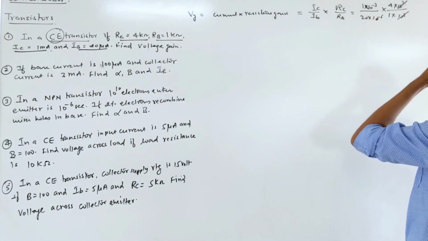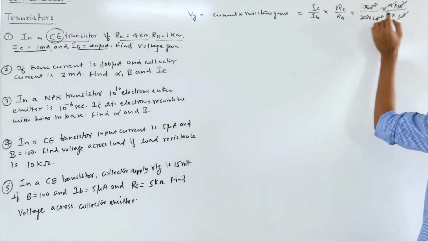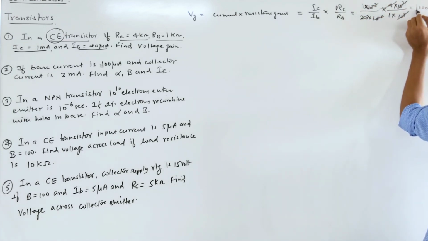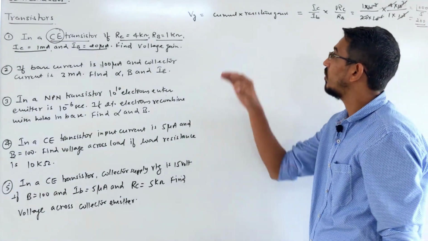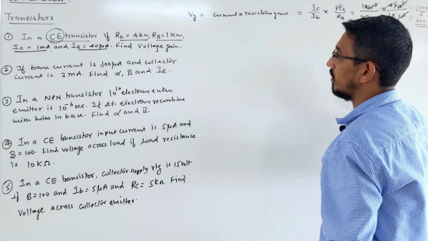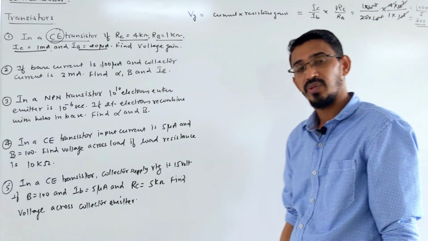Let's simplify. 10 power minus 3 goes here. 4 goes 5 times, so the remaining is 1000 by 5, which becomes 200. This is your voltage gain. It has no unit, because it is voltage by voltage, only a number. Current gain, voltage gain, resistance gain and power gain are unitless.